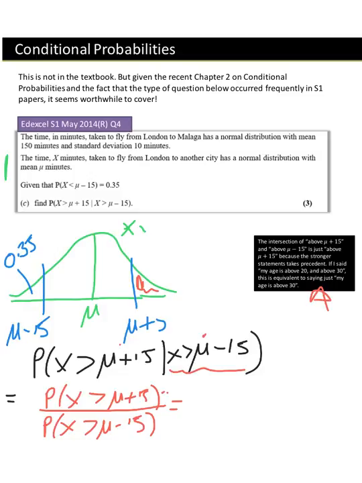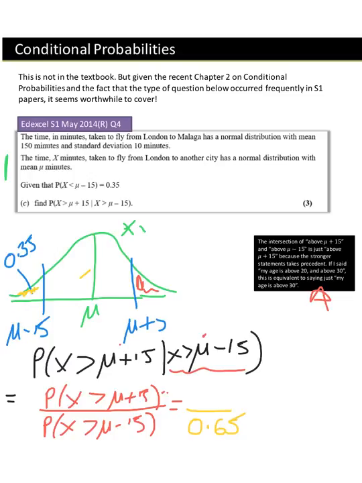So if this probability over here in yellow is 0.35, then the probability it's greater is going to be 1 minus 0.35, which is 0.65.